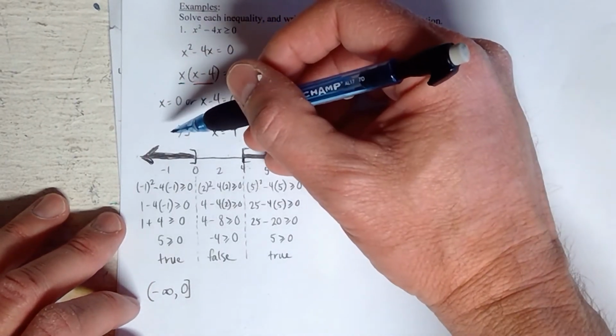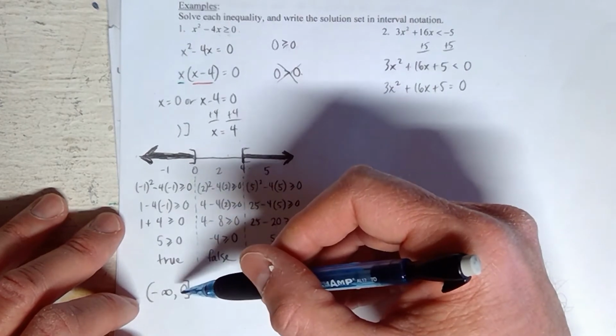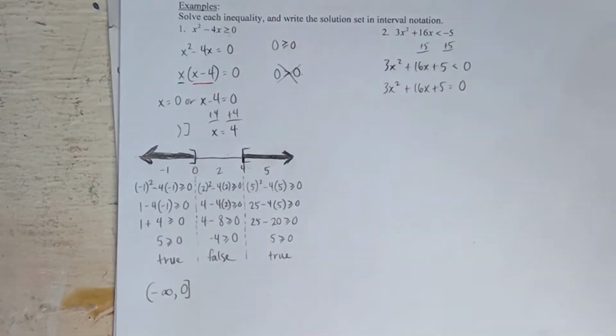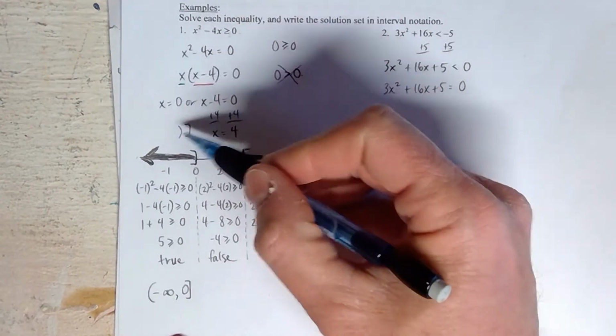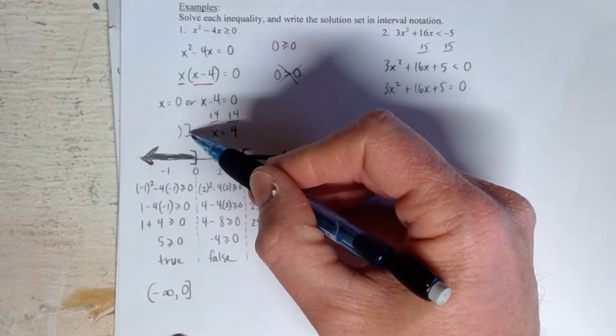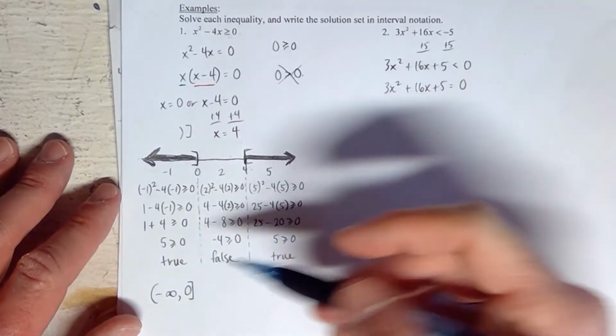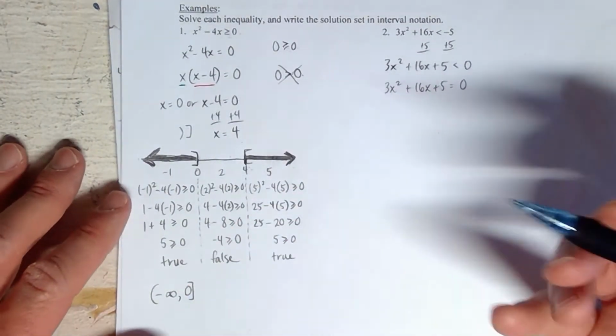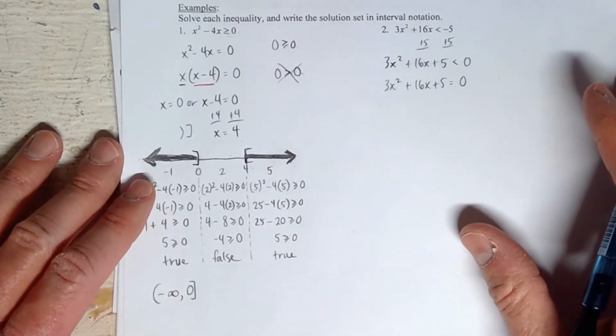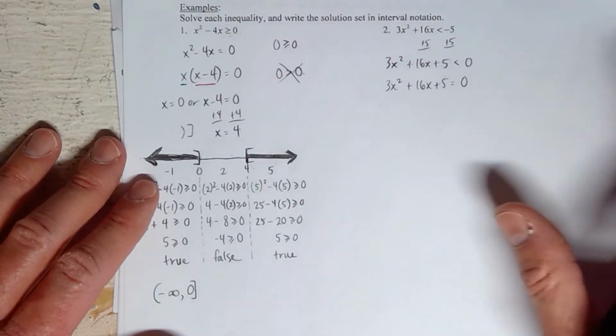But the thing is that infinity and negative infinity, they're never true. The reason why is because infinity and negative infinity are not even numbers. And a round bracket means that it's not true. A square bracket means it is true. So if you plug in negative infinity and infinity, that really doesn't make sense because they're not even really numbers to begin with. They can't be solutions then.